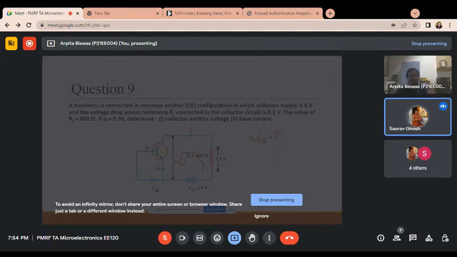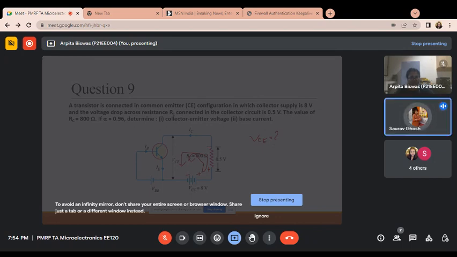Just a minute. When you are taking minus VCC, let's see the sign. Here it is minus, this is plus. And for the resistance, if you are taking this side, this current flows this way. It means this side is positive and this side is negative. Okay. Yes. And now calculate.